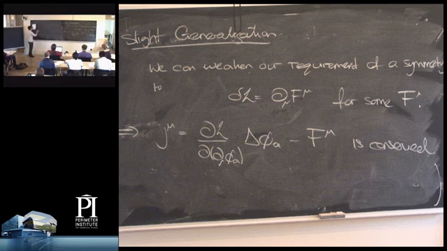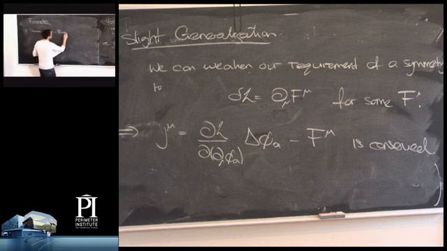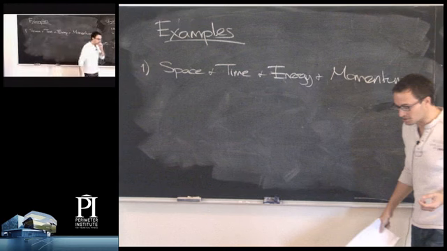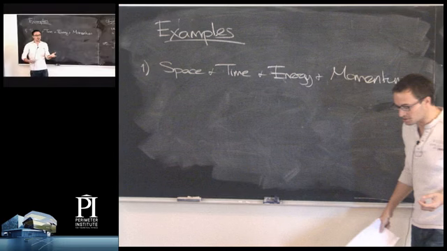So we're going to do a bunch of examples. Okay, so remember in courses on classical particle mechanics that there's this beautiful relationship between homogeneity in time translations and the conserved quantity energy.